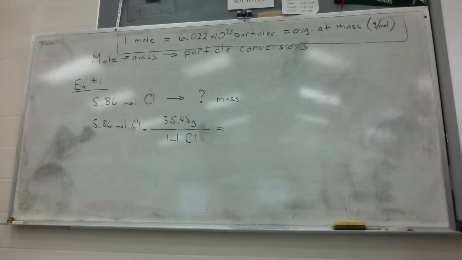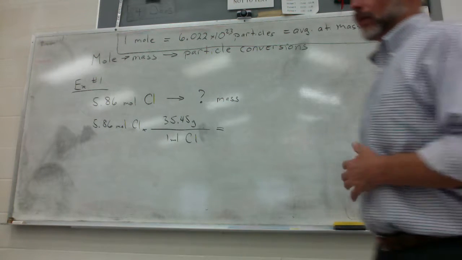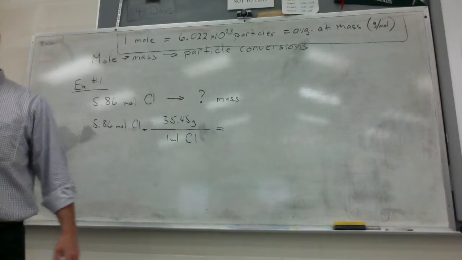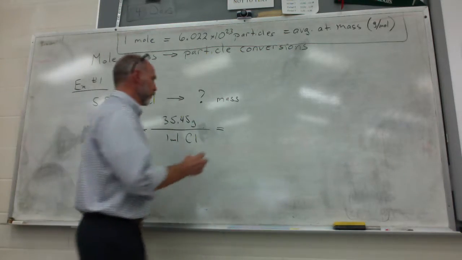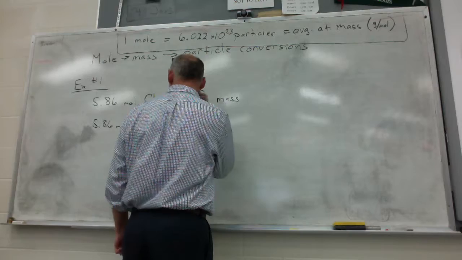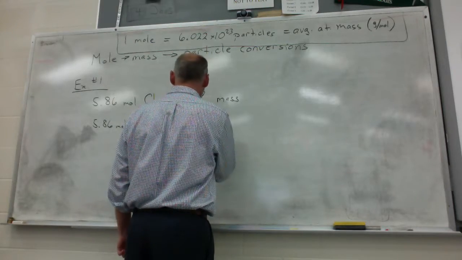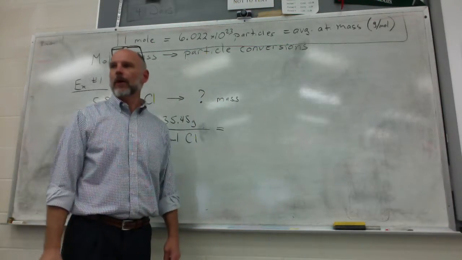I mean, wouldn't that make sense? If 1 mole had a mass of 35.45 grams, and we had 5.86 moles, we would have significantly more than that mass. So, what did you end up getting there, Courtney? 207? It could be right.